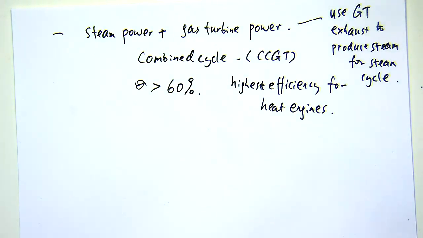All right, so this is the first example that you are going to see here. It's coming from one of the previous exams. It says that you have a power plant running on the combined cycle, with a simple gas turbine cycle and a simple Rankine cycle.